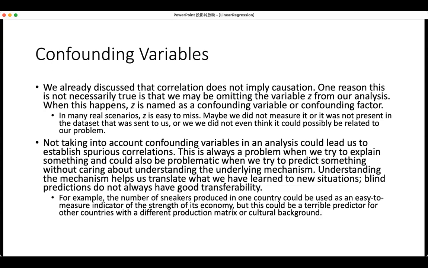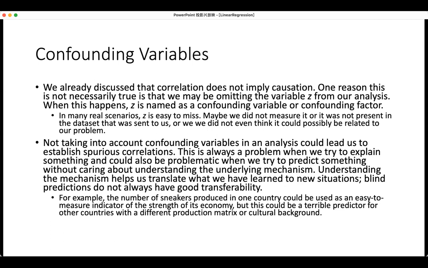So in many real scenarios, z is very easy to miss. Maybe we didn't measure it, or it was not present in the data set, or we did not even think it would be a factor in our problem. Basically it's some important factor that we didn't take into account.